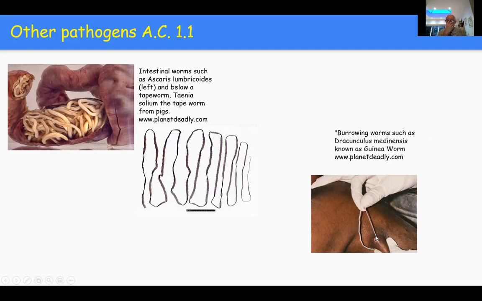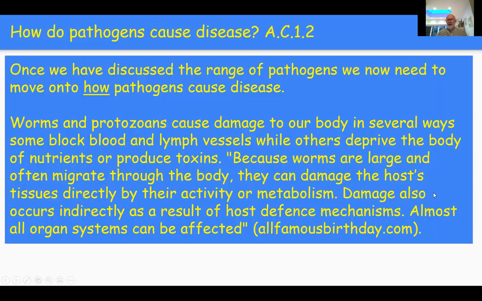Normally, they're in fields and water sources, and the worm literally burrows into the skin and starts to grow, but it will start to block blood vessels, etc. So that's why it's removed, and we have to draw the thing out very slowly.